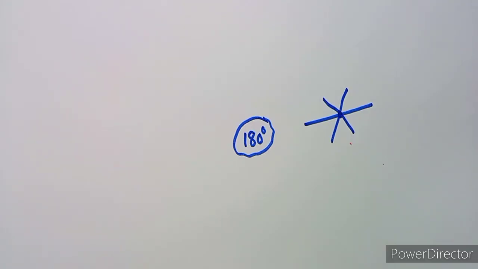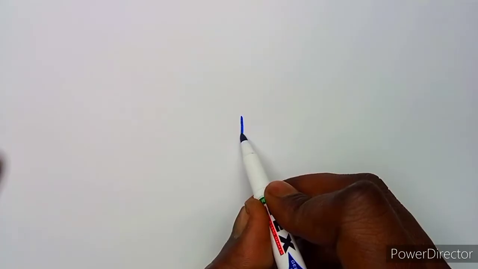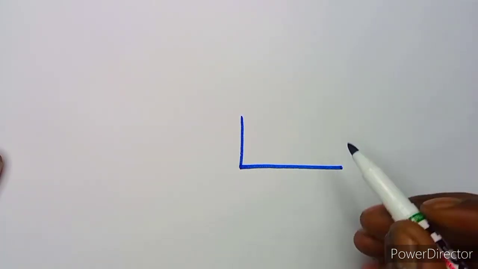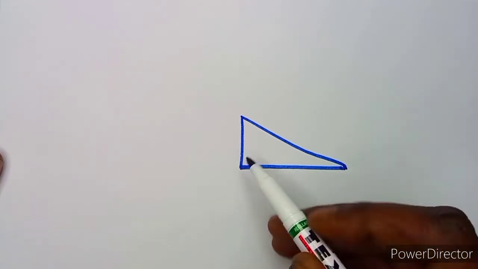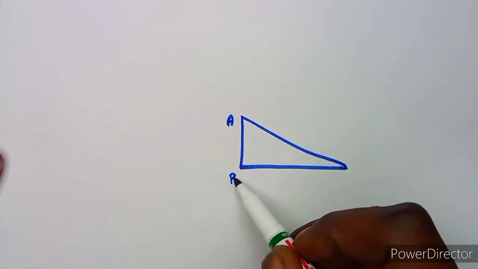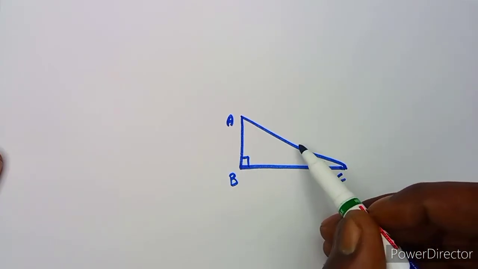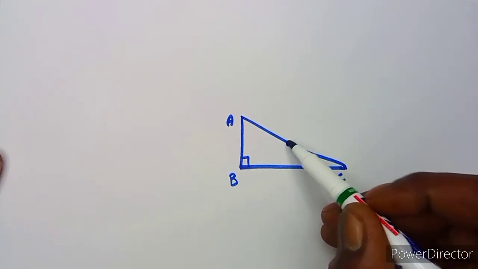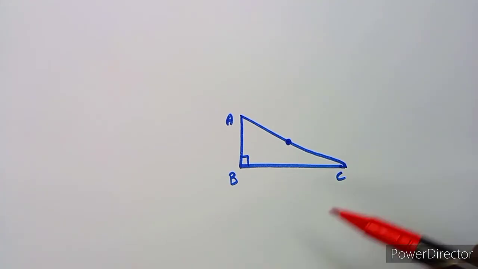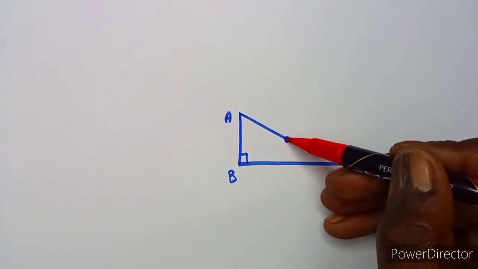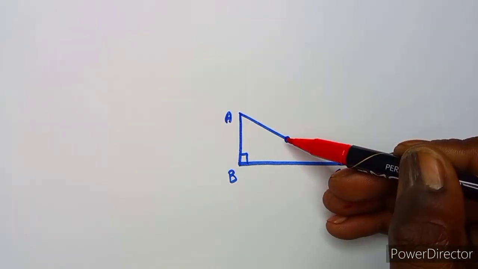So here, if we have a triangle like this, let's say this is our right angle triangle, A, B, C, right angled here, and this is the midpoint, this point is going to move an equal distance from this point to the image.